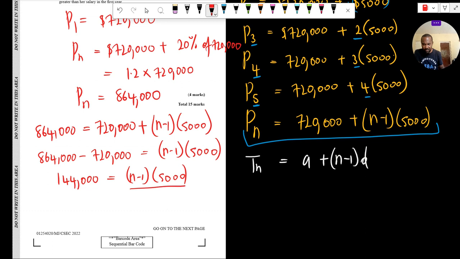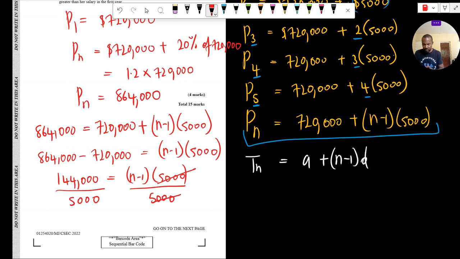And if you then divide both sides by 5,000, these two will cancel.